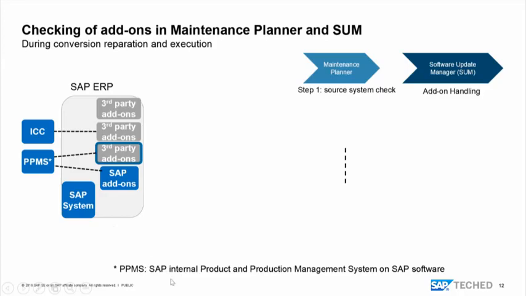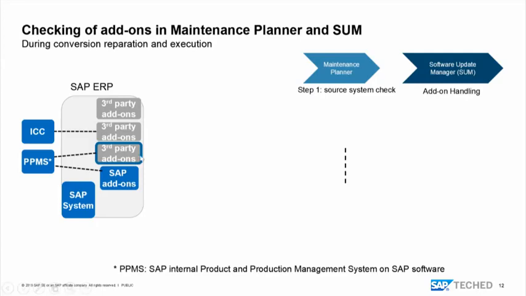PPMS is our internal tool where we have all the components, products, product versions, relationships, and all the information about add-ons as well. So the PPMS is our internal single point of truth, and it contains the information about add-ons. And the maintenance planner is, of course, using this information, so the maintenance planner knows whether SAP add-ons have a version that is supported for the target release.